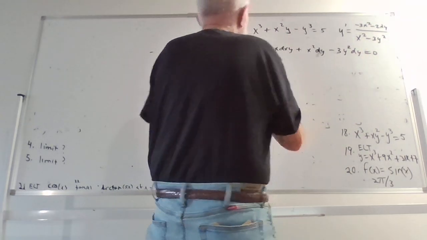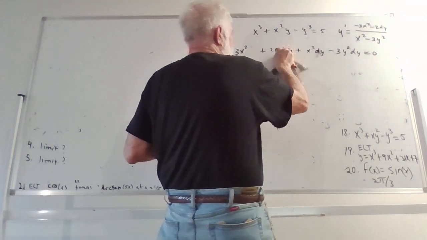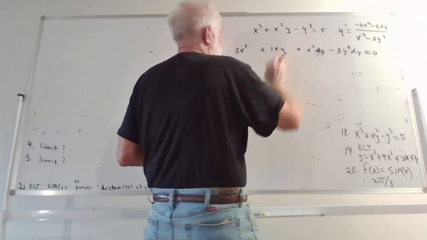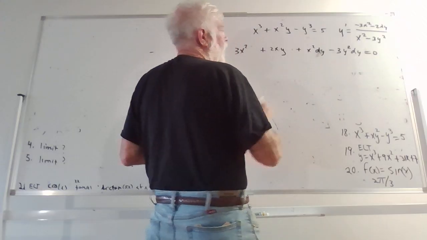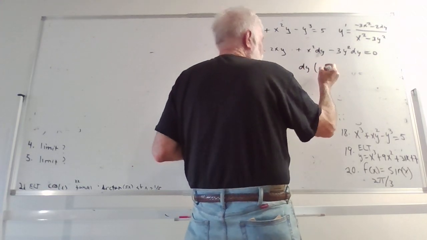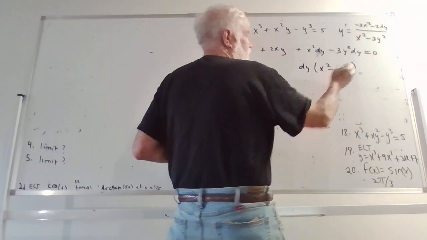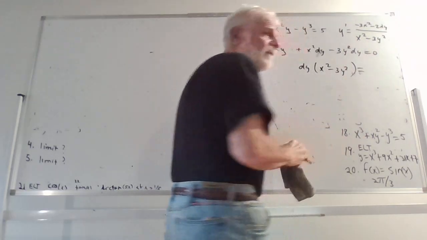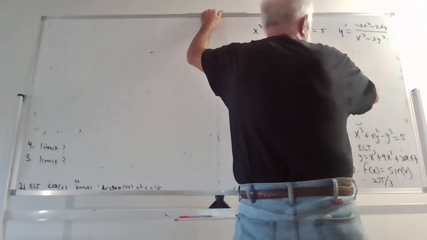So everything with dx, when I divide everything by dx, that one cancels, that one cancels. I'll put the y next to it. I hope you can see why I moved those to the other side. And then I have dy times x squared minus 3y squared. So multiplication on this side becomes division on that side, and that's the thought process, the implicit differentiation.